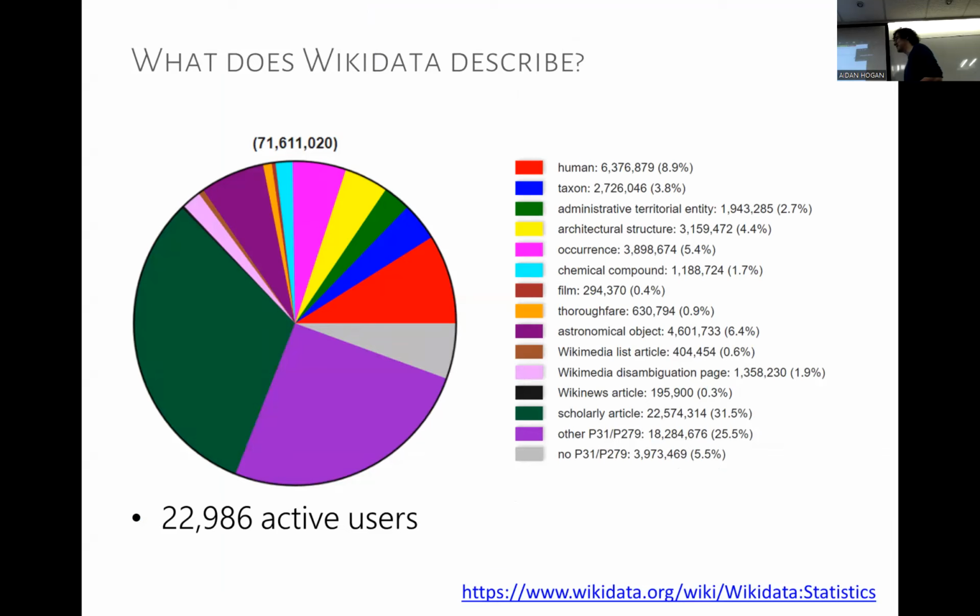Occurrences, which are events, some assassinations, some war, some whatever. Chemical compounds, movies, thoroughfares, which are streets, astronomical objects, which are stars, planets, supernova, galaxies, and so forth. So it has a wide range of entities.